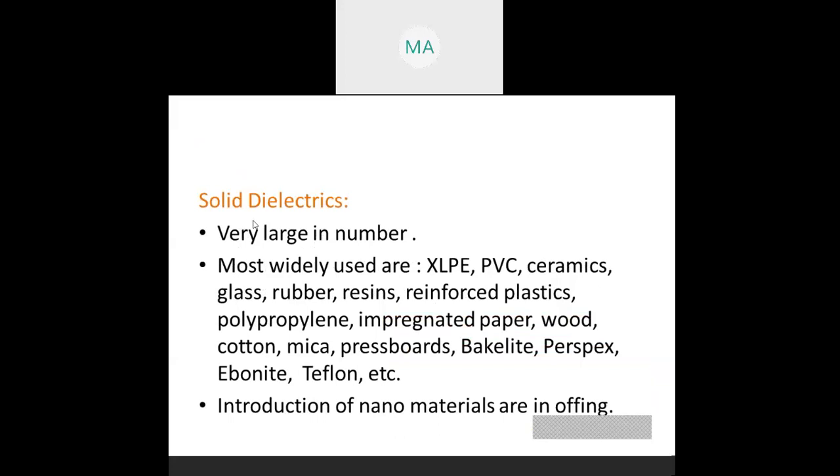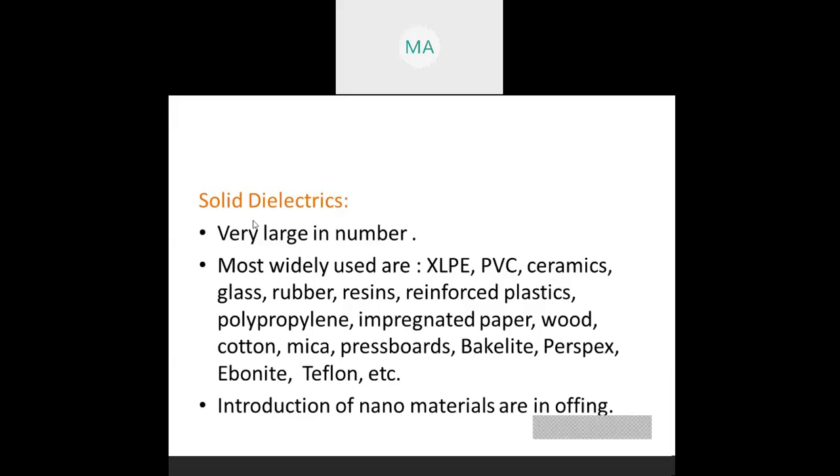Here, coming to the solid dielectric, we have different types of solid dielectrics, and we use all types of them in our hands-on work. Suppose you take a pen, it is one type of dielectric medium.